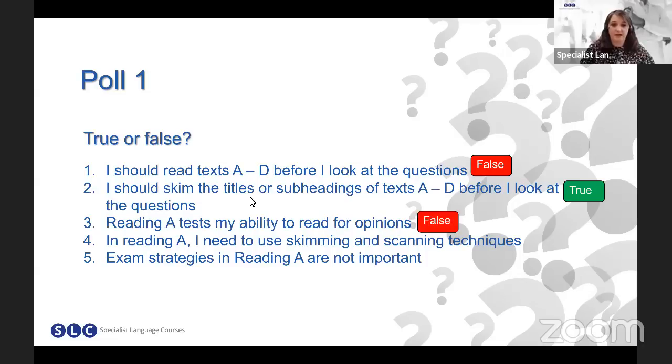Number 3, reading A does not test your ability to read for opinions. That is reading C. Number 4, this is true. You need to use skimming and scanning reading techniques in order to find the answer. Remember that you have 15 minutes for reading A, so you need to use those techniques effectively and quickly to find the answers. And then number 5, exam strategies in reading A are not important.